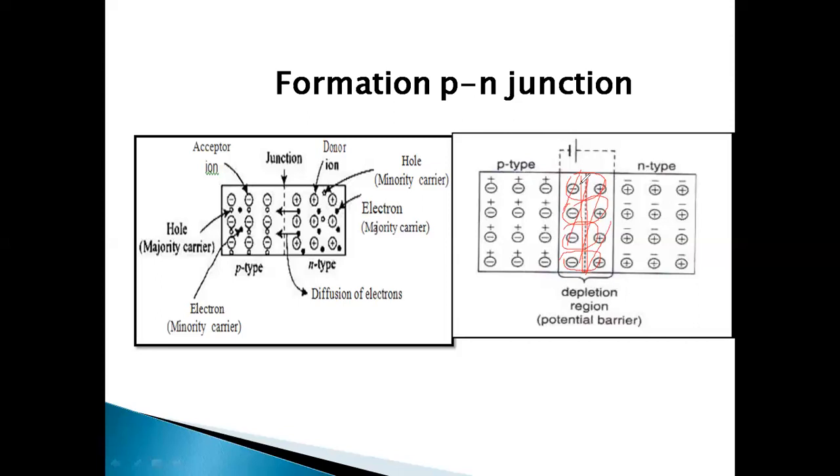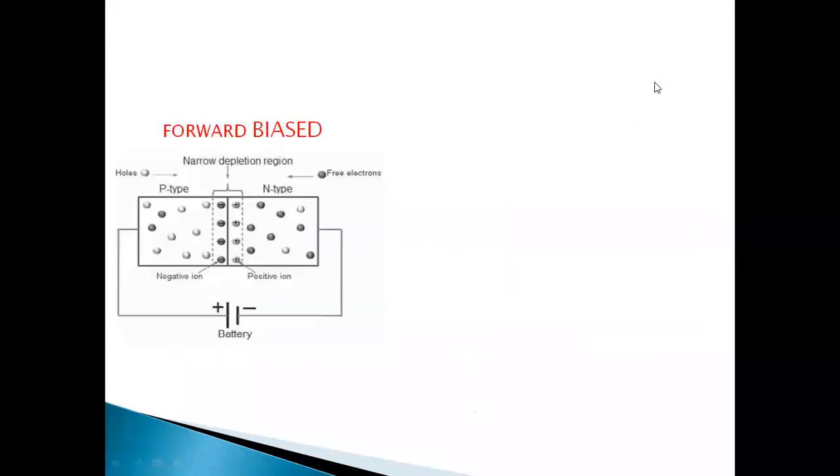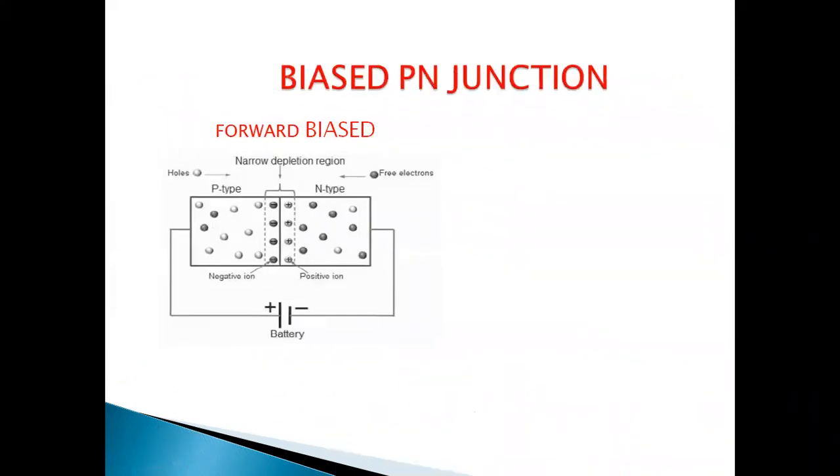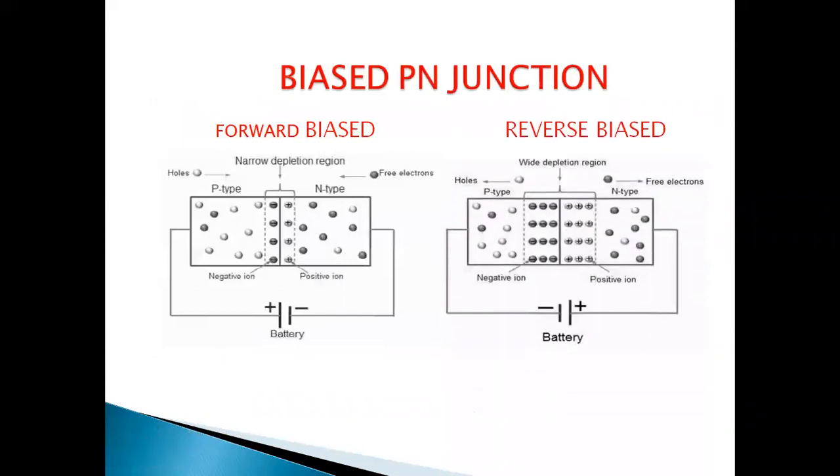So in the semiconducting case, if you want a conductive mechanism, we need to apply a potential difference between the two terminals. The flow of current in the PN junction diode can be achieved with the help of biasing.